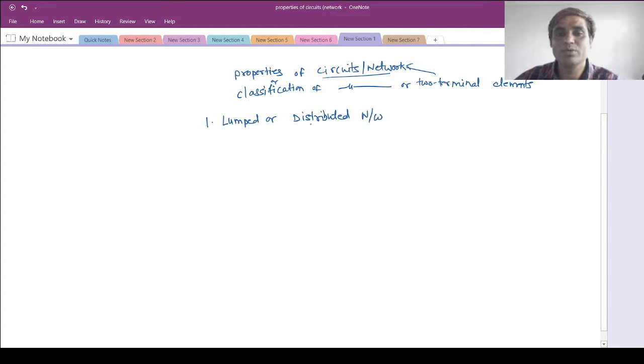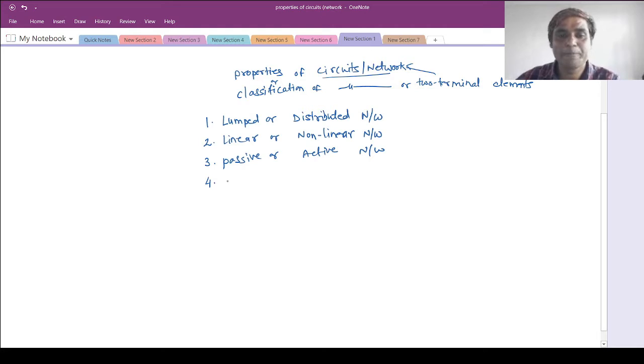Second is based on the linearity property, so I can classify it as a linear or non-linear network or circuit. Then third, based on passivity, I can classify it as a passive or active network, because generally the network is made from elements.